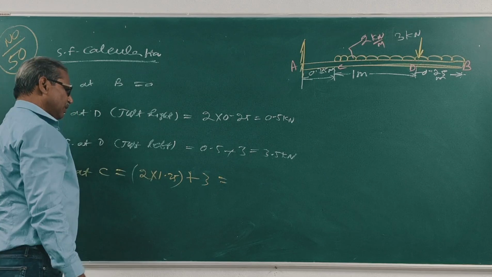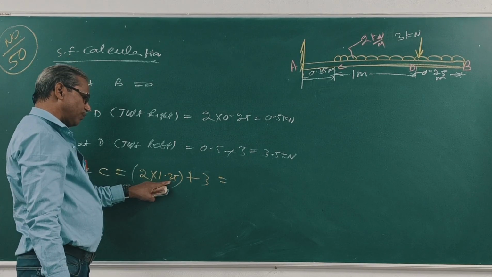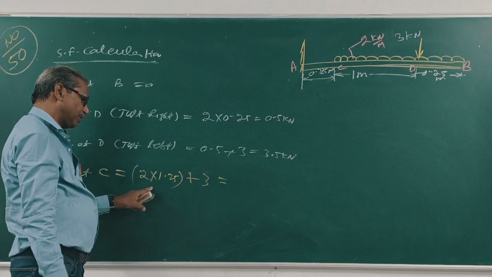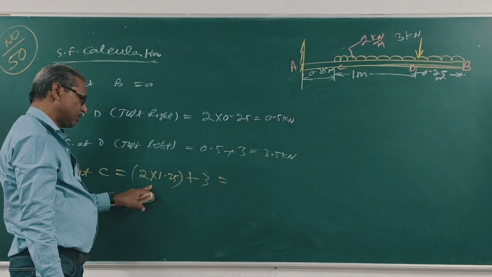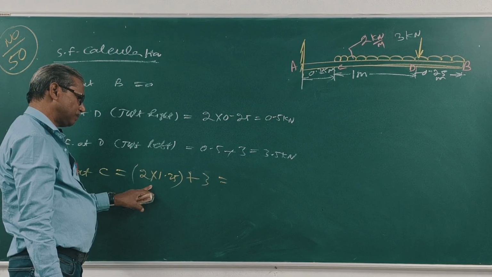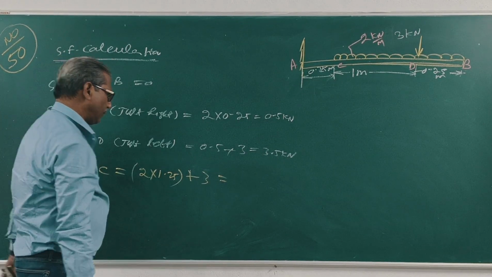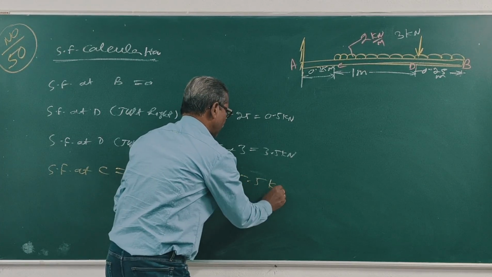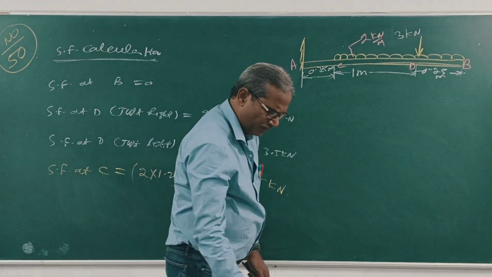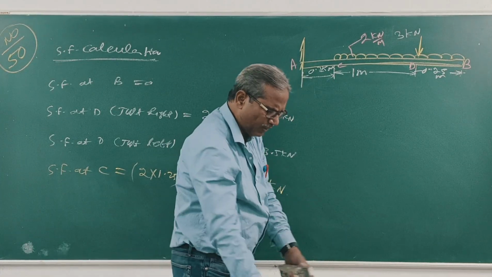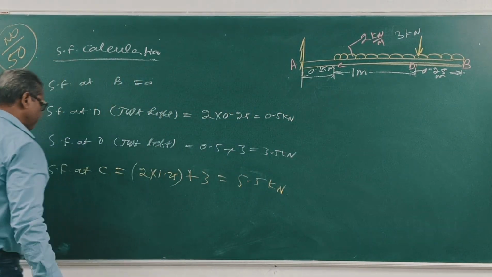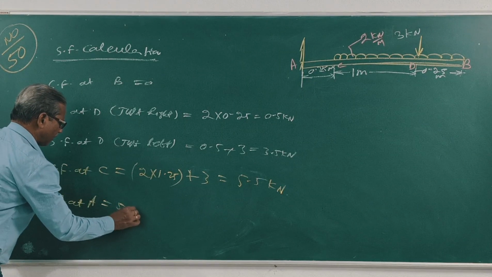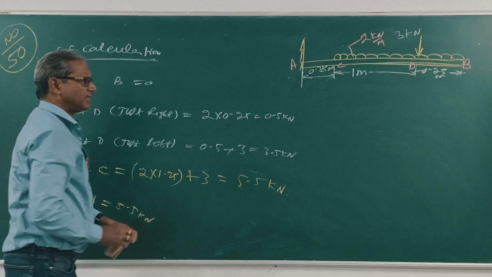Clear? 2.5 plus 3, 5.5 kilonewton. Similarly, shear force at A is the same, 5.5 kilonewton.